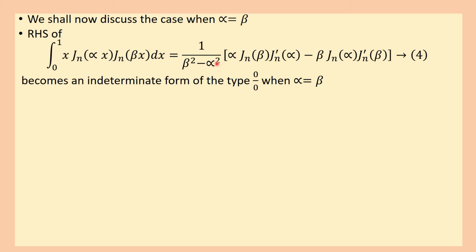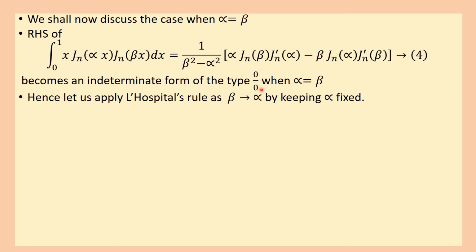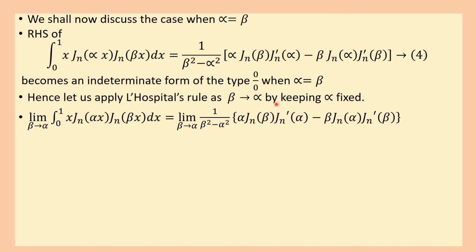This becomes an indeterminate form of the type 0 by 0 when alpha equal to beta. So hence we apply L'Hospital's rule by taking beta tends to alpha and keeping alpha fixed. So we are applying the limit now and also L'Hospital's rule.